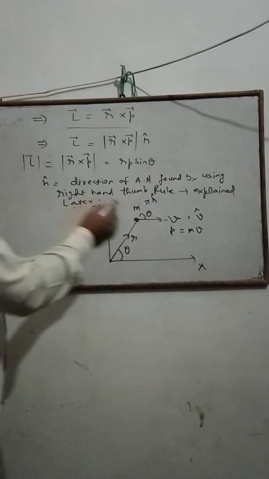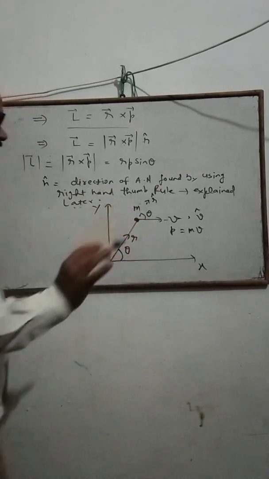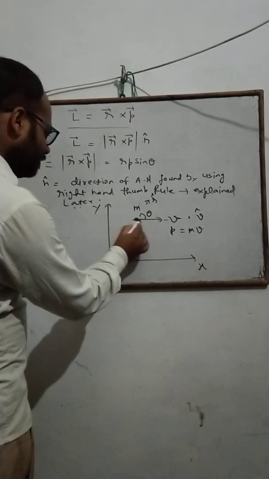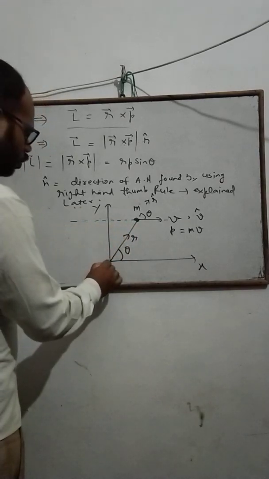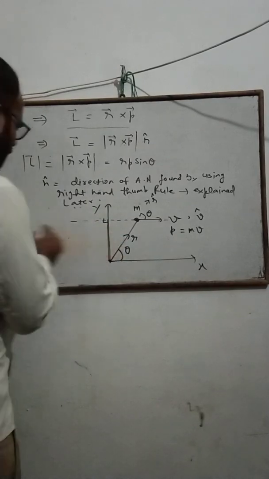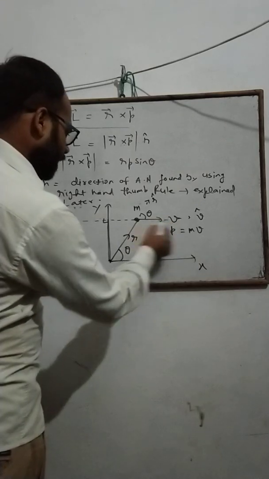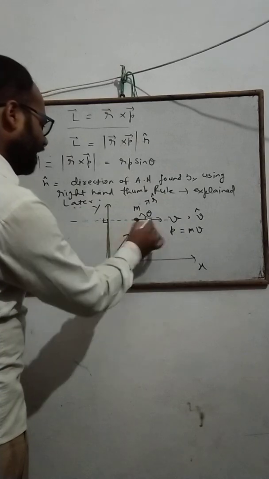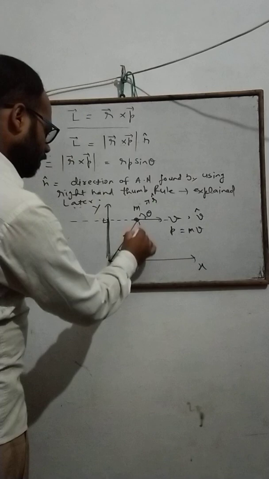Now how will you find angular momentum? There are two ways. First, extend the direction of v backwards and drop a perpendicular here. So mod L equals the perpendicular distance from the line of action of linear momentum times p.